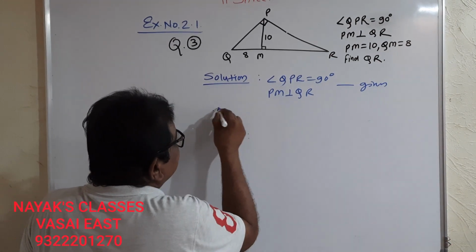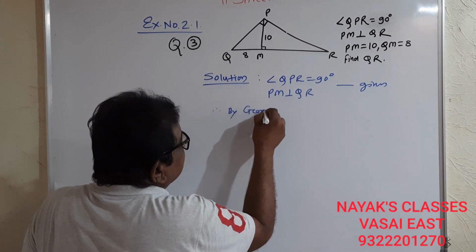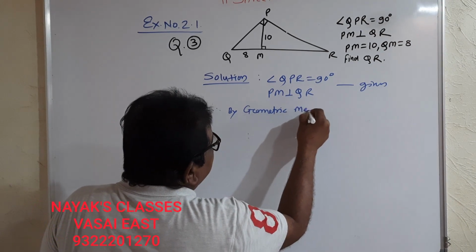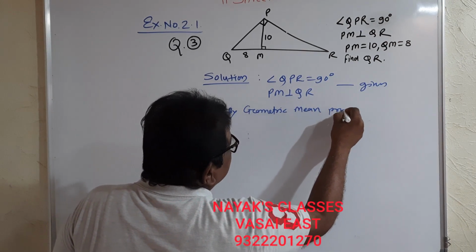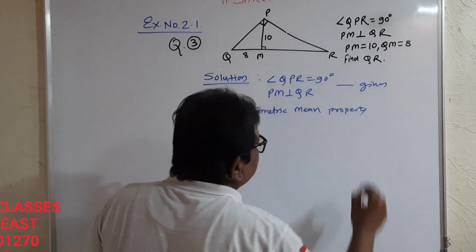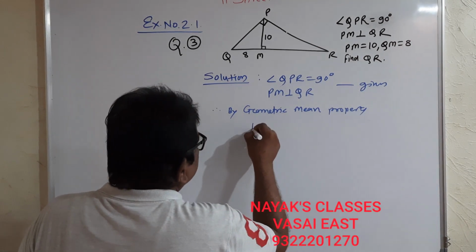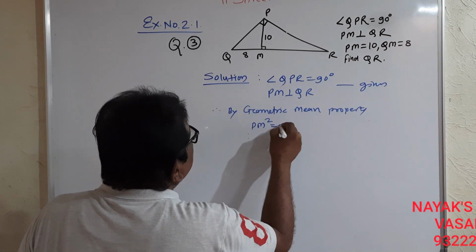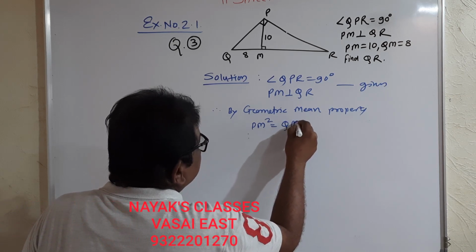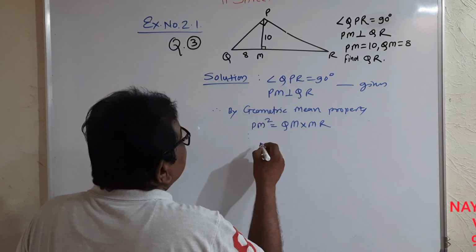Correct? Therefore, by geometric mean property, PM square equal to QM into MR. So what is PM?